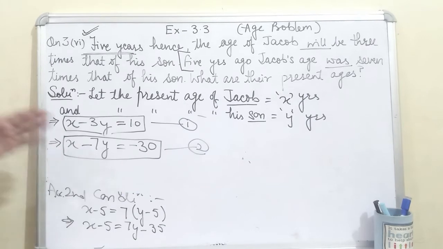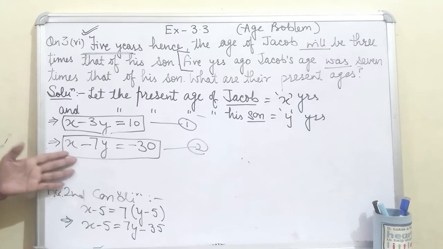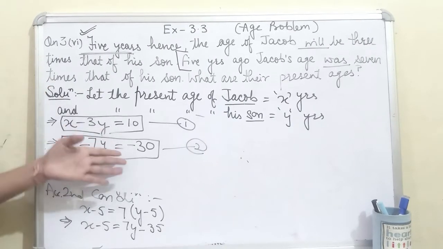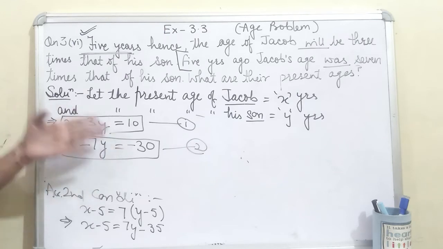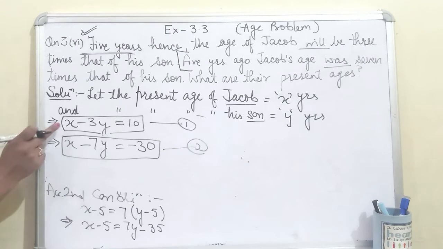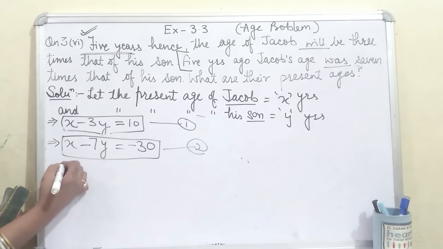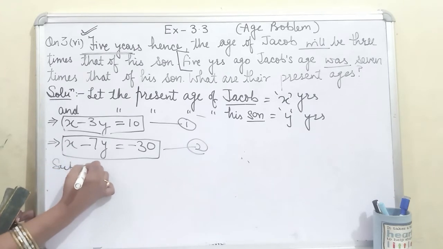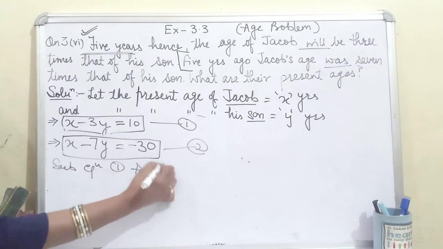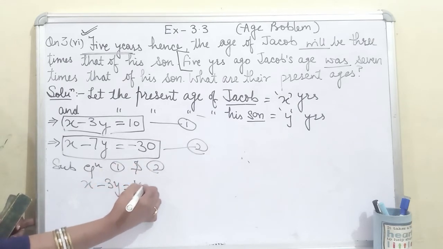After getting the equations, it is up to you whether you want to solve it by elimination method, by substitution method, or by the third method, cross multiplication method. Whichever you find easy, you can apply that. Here I am finding that because the coefficients of x are the same, I will directly apply the elimination method. That will be easy here. So I just subtract equation 1 and 2. Do it fast with me. X minus 3y equals 10.